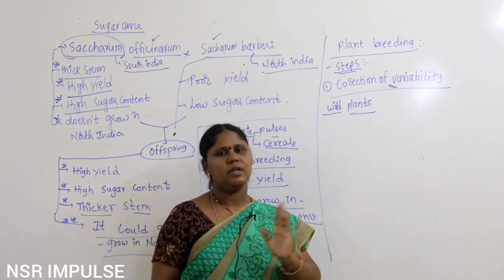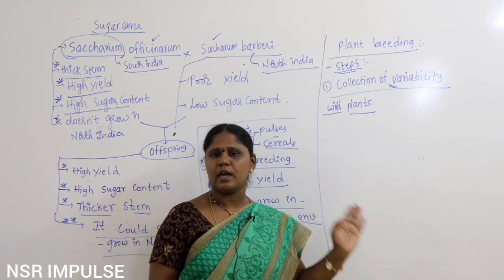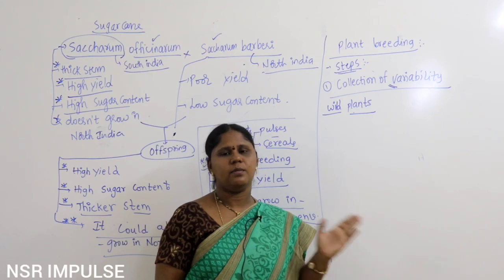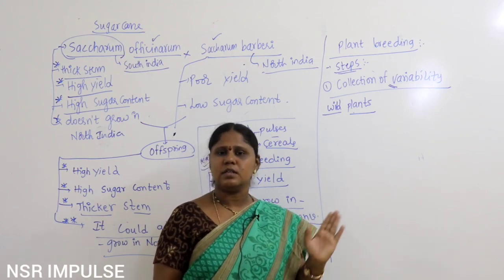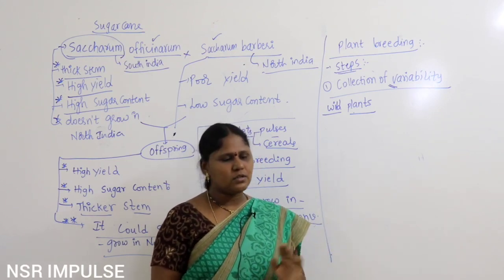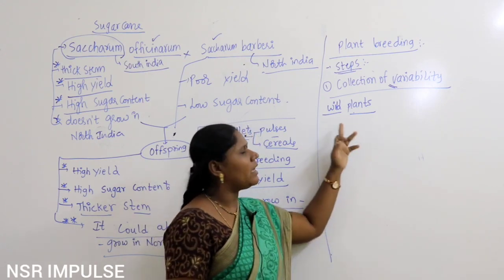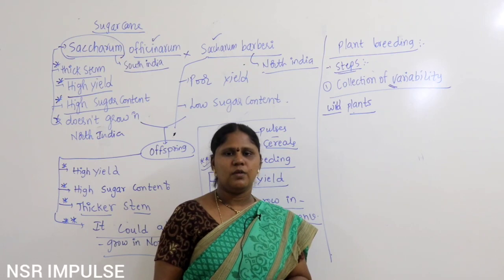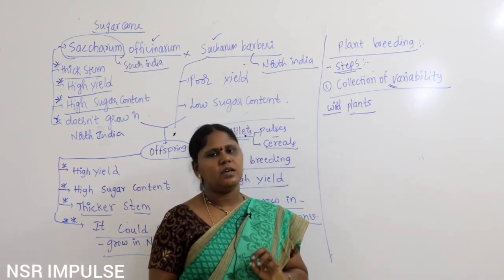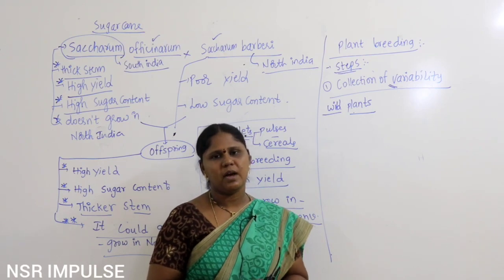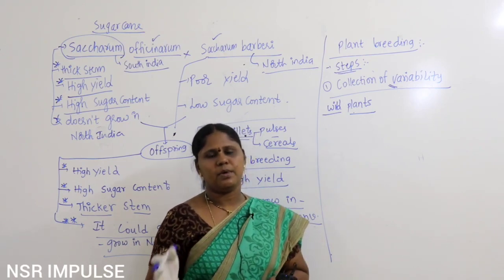So, different variations are there, different varieties of plants are grown across India in different parts, in different regions, in different places. First of all, I have to see all variations. For that what do I need to do? I need to collect different plants with different genetic variations. For that we need to take what are called wild plants. What are wild plants? Naturally growing plants.